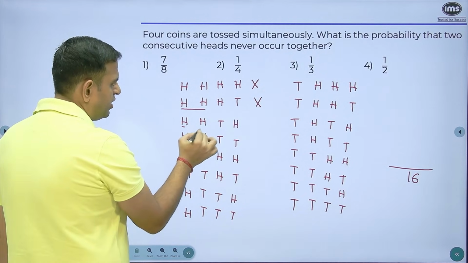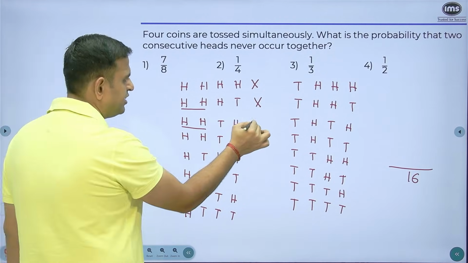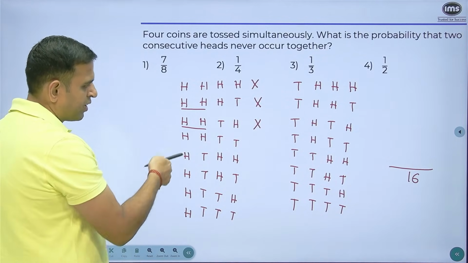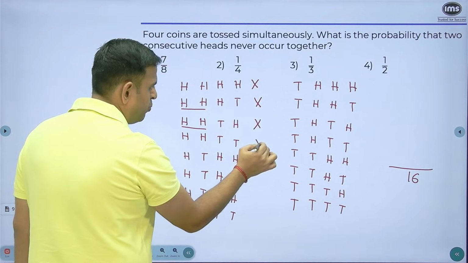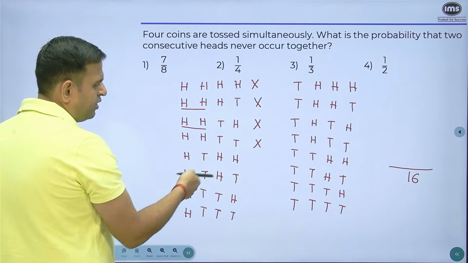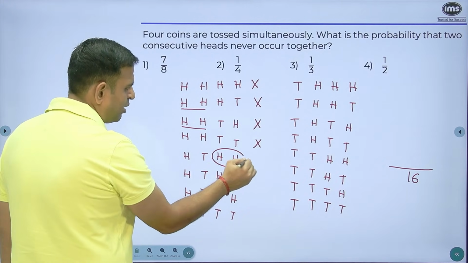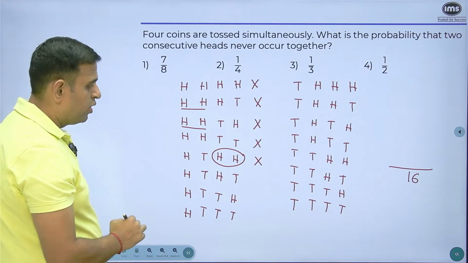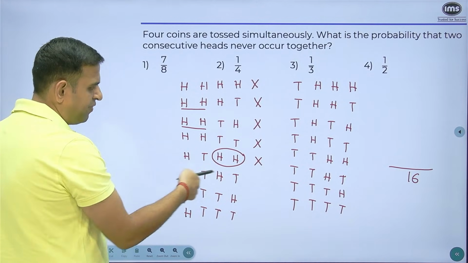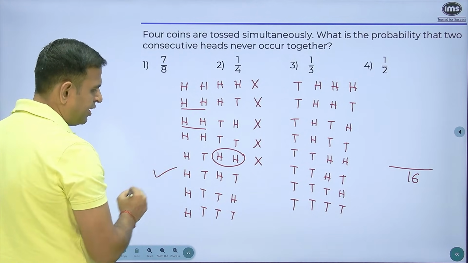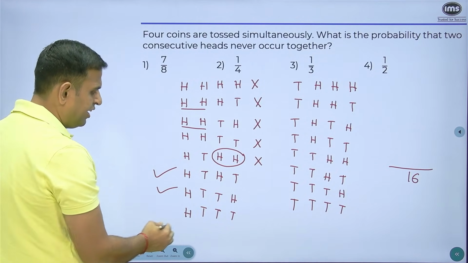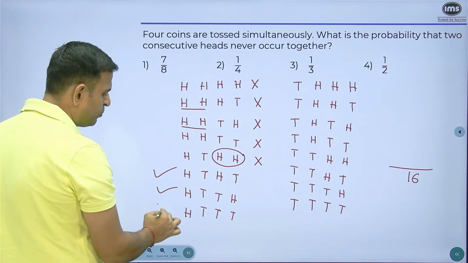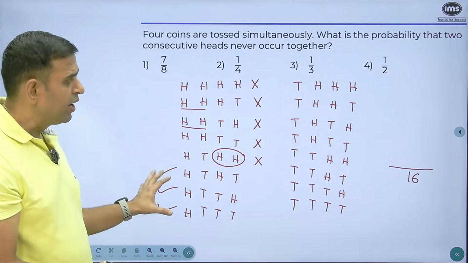In the third one again, the 2H are coming together, ruled out. The fourth one again, ruled out. The next one again, the 2H are coming together, also ruled out. In this one, everything is perfectly fine, so I should count this particular case. HTTH again perfectly fine. HTTT is also perfectly fine. So we got three cases so far.